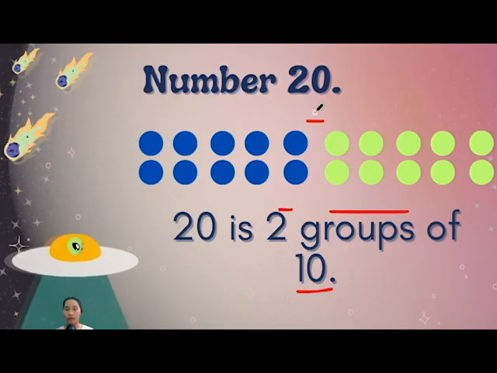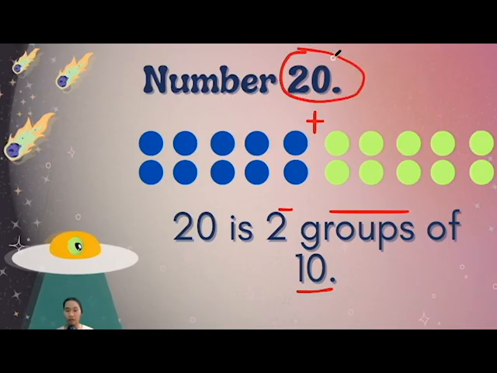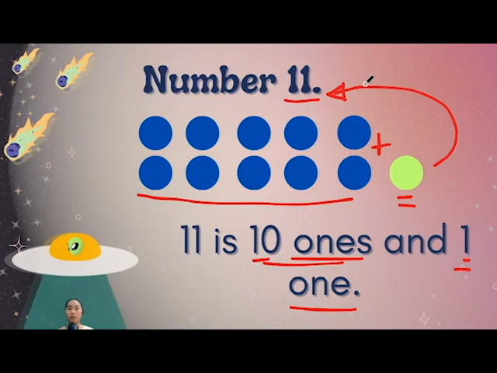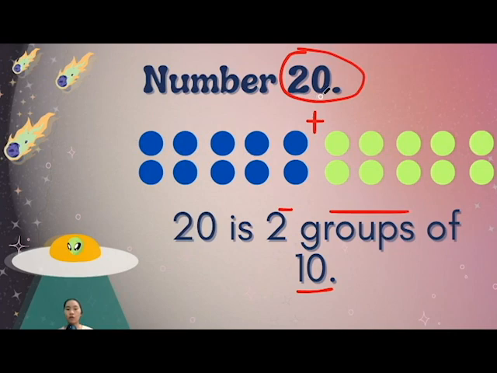If we add them together, we get the sum of 20, okay? So the number 11 is a group of 10 plus 1. The number 20 is two groups of 10 added together.